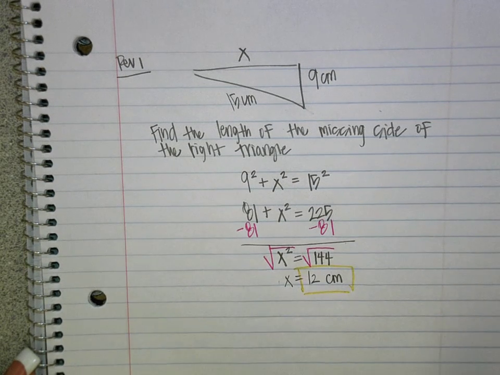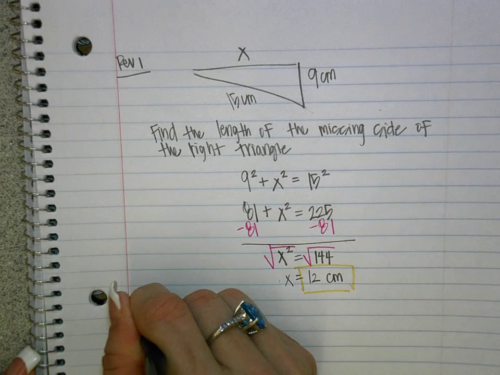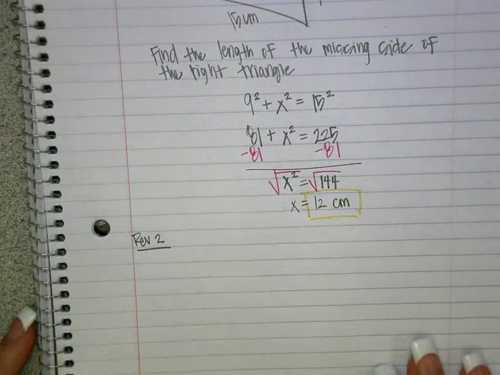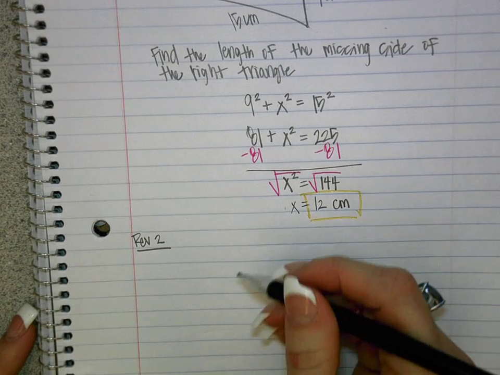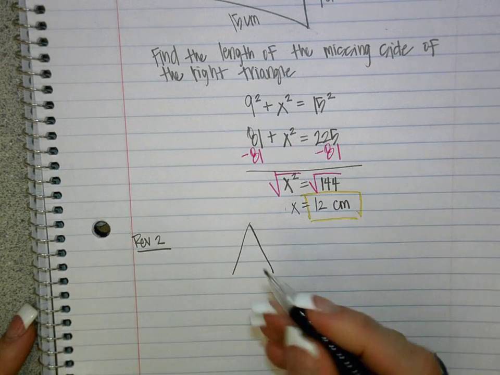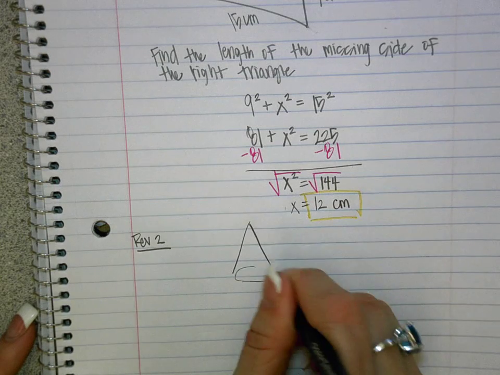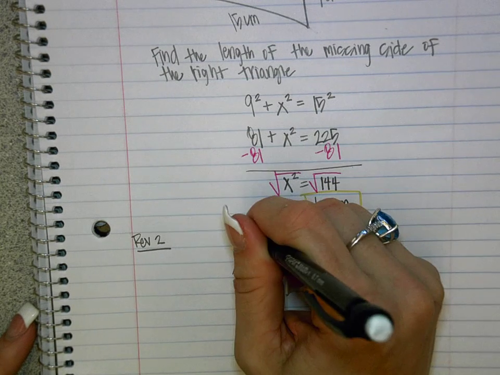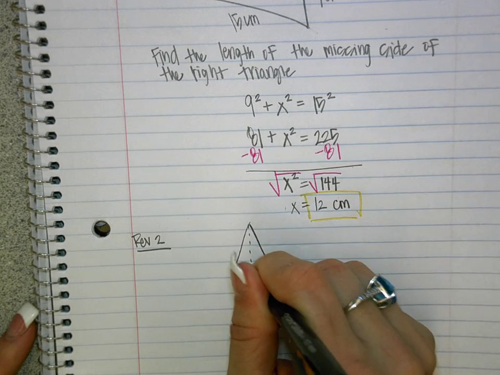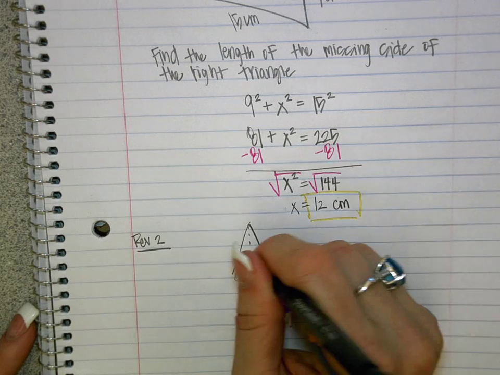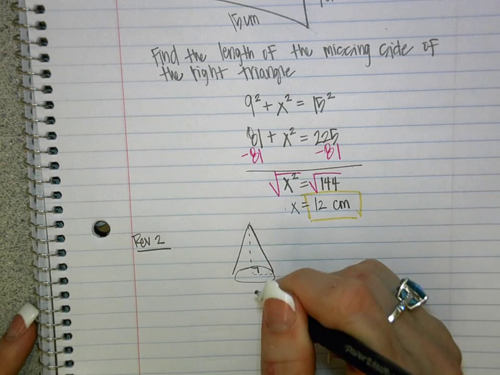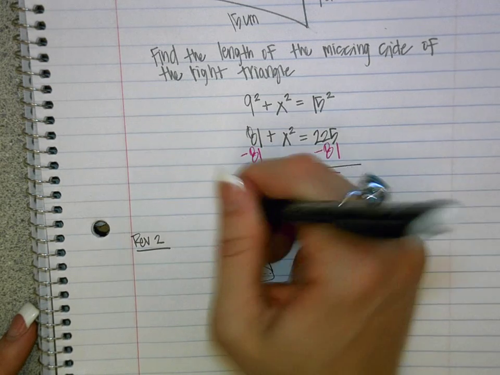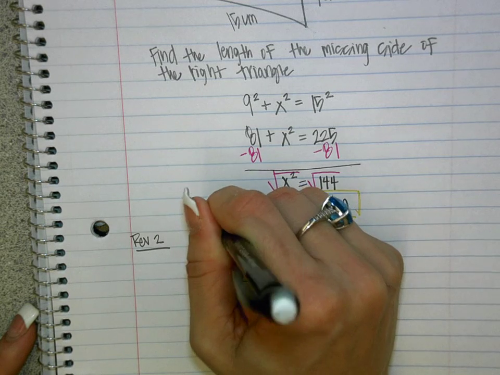And then the other review question, review number 2, we're going to draw a cone. I'm not a very good artist, sorry. So a cone that looks kind of like that. And I tell you that the height is 8 centimeters.